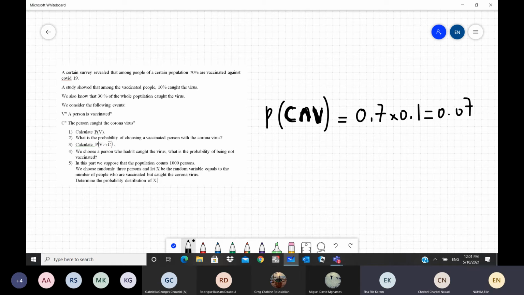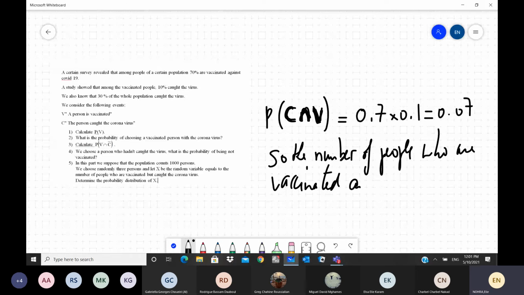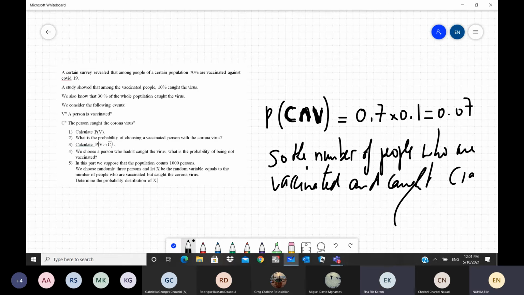70. Yes, precise. So the number of people who are vaccinated and caught the COVID-19 is 0.07 times 1,000, meaning 70 people out of the 1,000.